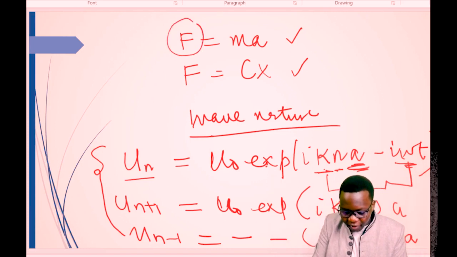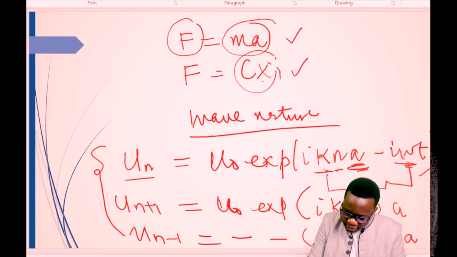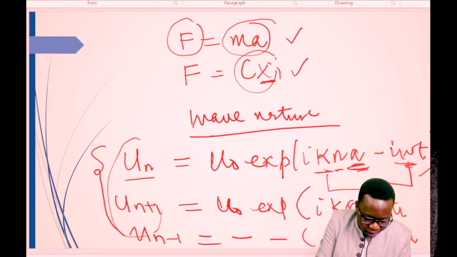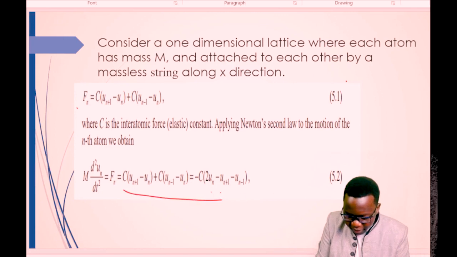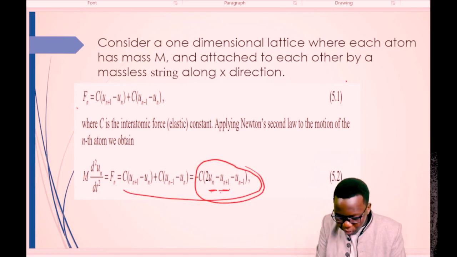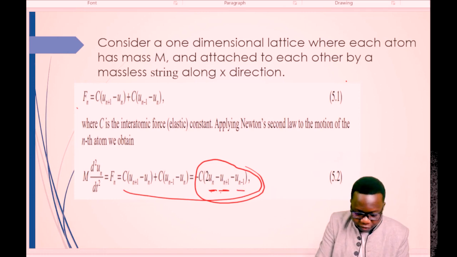Left hand side will have this, and the right hand side will have this. So this is left, this is right. This x here is showing you the displacement, which we showed up here. These are the displacements. So we want to substitute u n plus 1, u n minus 1. That's why we are working for that.